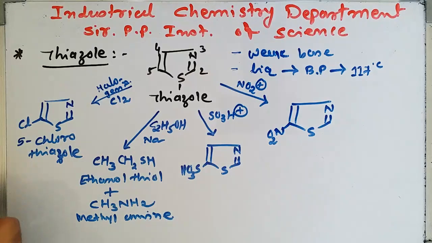So when thiazole is treated with sodium and ethanol, it forms thiols and amines. These are very important chemical properties of thiazole.